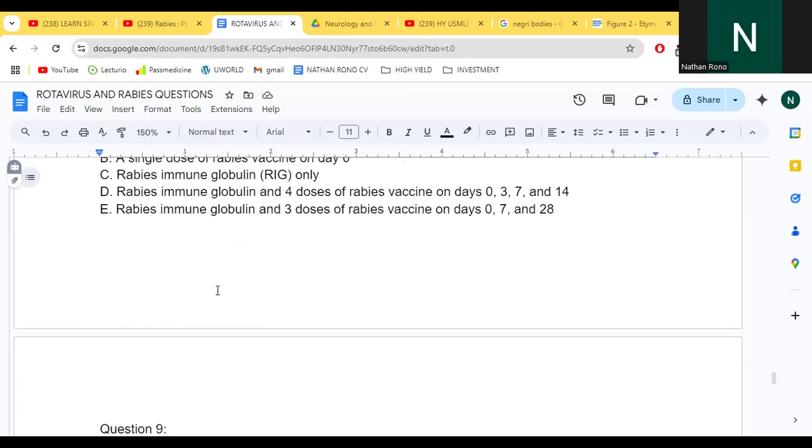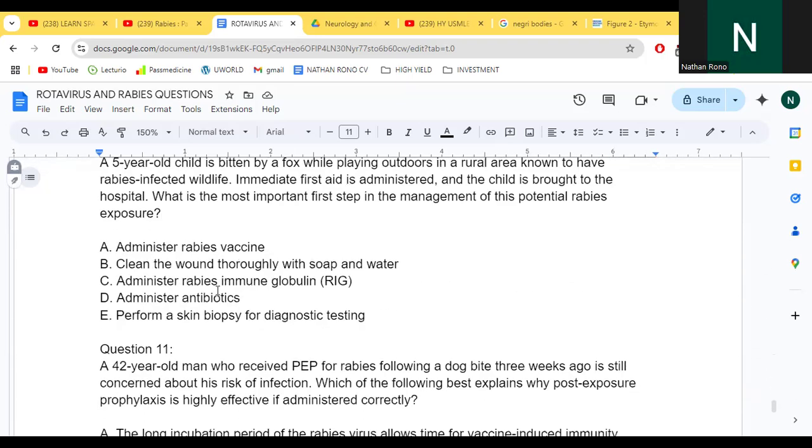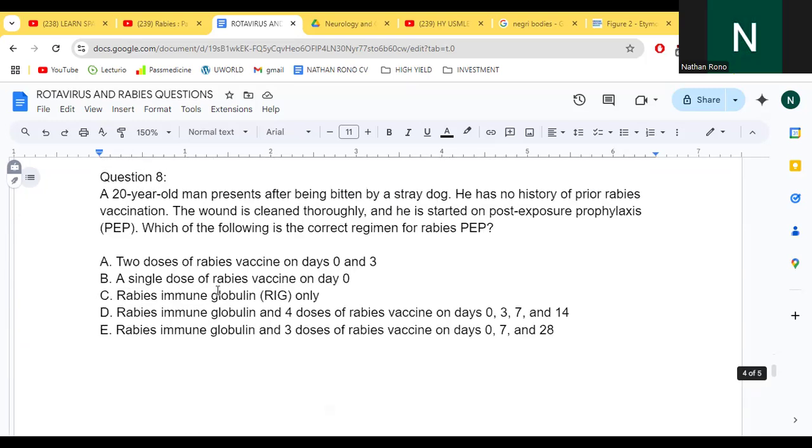Then number 8, I think this is the last question. Or number 9 and 10. Oh, still more. Number 8. A 20-year-old man presents after being bitten by a stray dog. He has no history of prior rabies vaccination. The wound is cleaned thoroughly and he is started on PEP. Which of the following is the correct regimen for PEP?